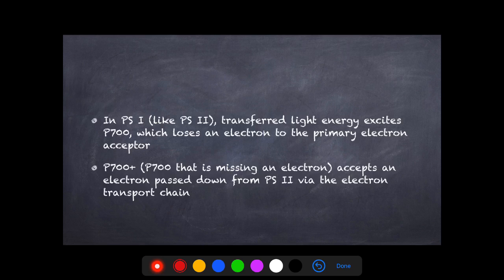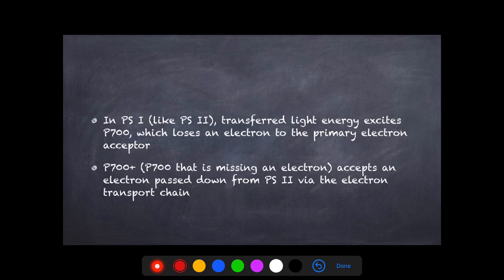And it's going to excite the electrons in P700, which is photosystem 1. The excited electrons are then going to go to P700 plus, which is a primary electron acceptor, which then gets reduced to P700.